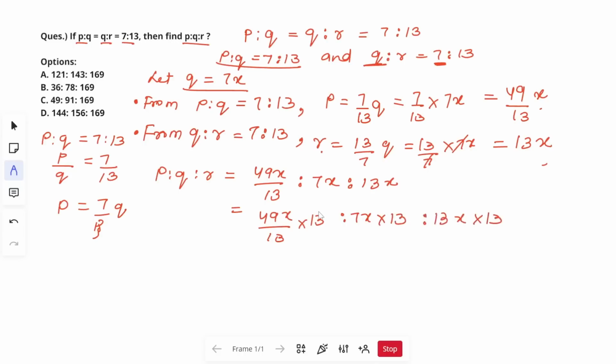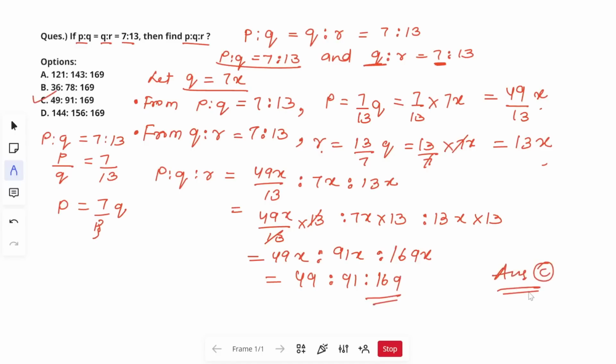Here the 13 cancels out, so this will be 49x, and then 13 into 7x will be 91x, and then 13 into 13x will be 169x. Removing x from everywhere, we get the final ratio as 49 is to 91 is to 169, which is our option number C. That is why the correct answer for this question is option number C. Hope you have understood it.